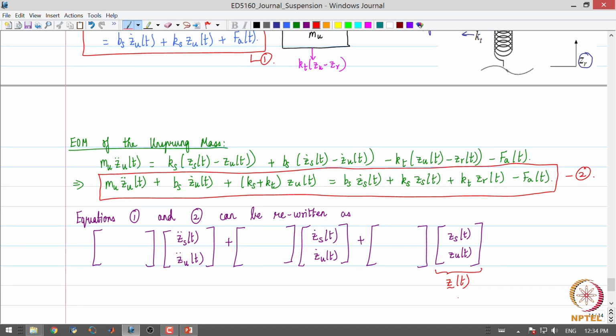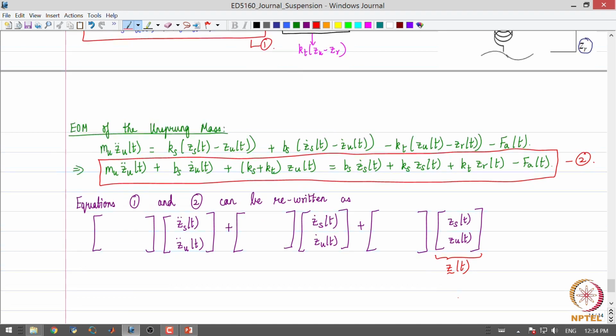So, the vector z of t is a column vector that consists of the 2 degrees of freedom which are essentially zs and zu, that is the displacement vector. So, zs dot, zu dot will be the derivative of the displacement vector, let me denote it by z dot, which will correspond to the velocity, and this will be the second derivative of the displacement vector, which will be the acceleration term, okay.